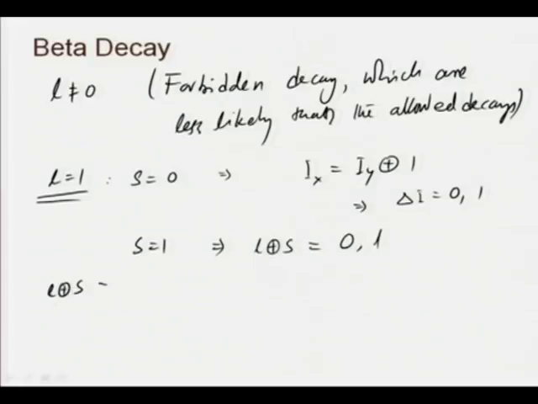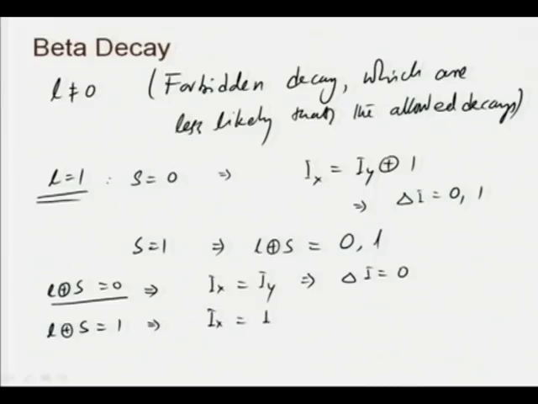L plus S is equal to 0 will give you I x equal to I y, correct, or delta I equal to 0. Now, L plus S is equal to 1, that will give you I x equal to I y plus 1.